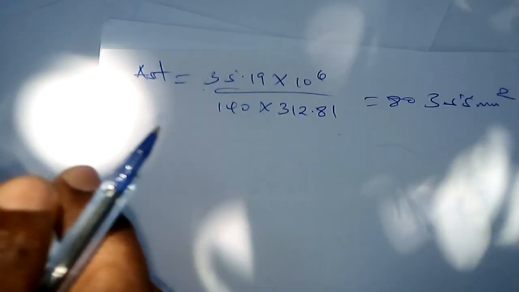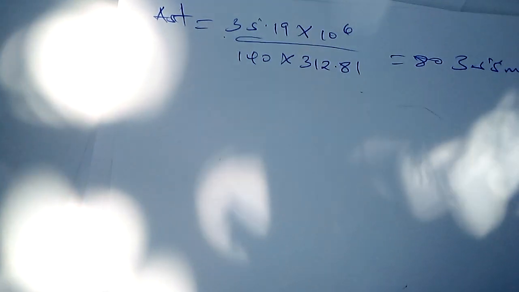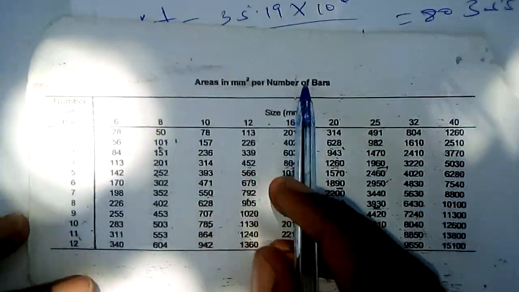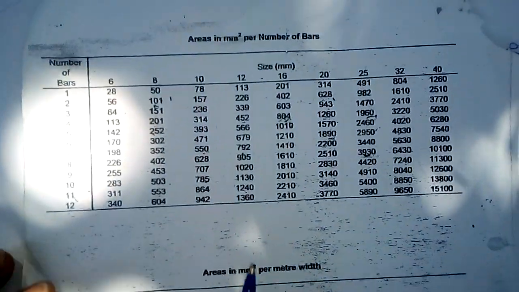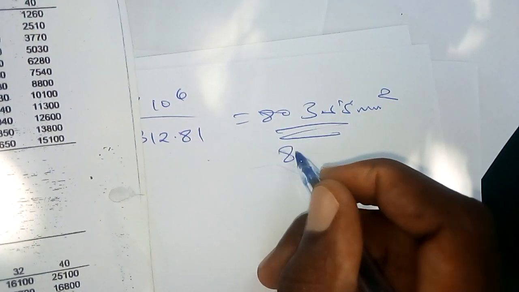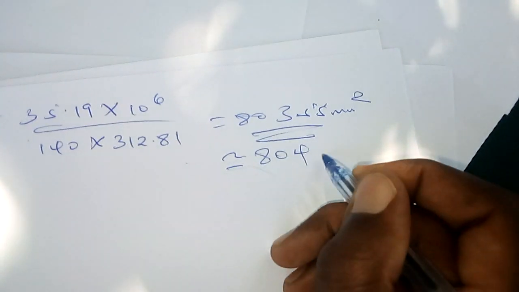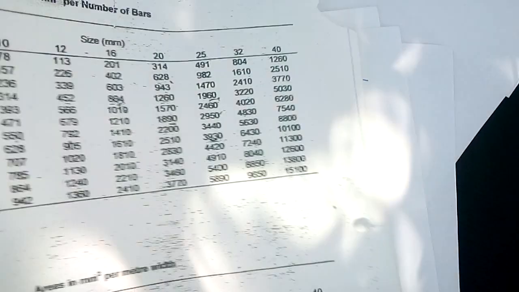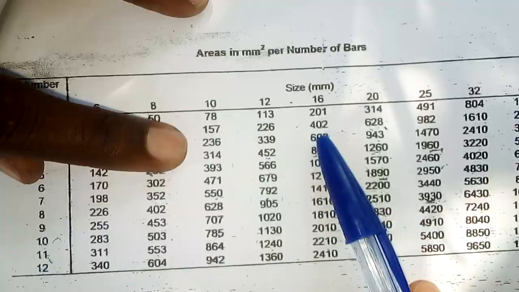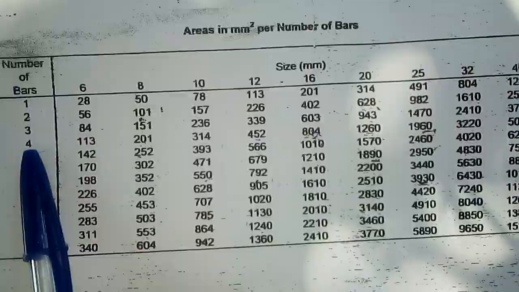So from this table now of area in millimeter per number of bar, we can find this 803. This is the same as approximately 804 millimeter square. And you can see 804 here, this is the 16. The number of bar are 4.